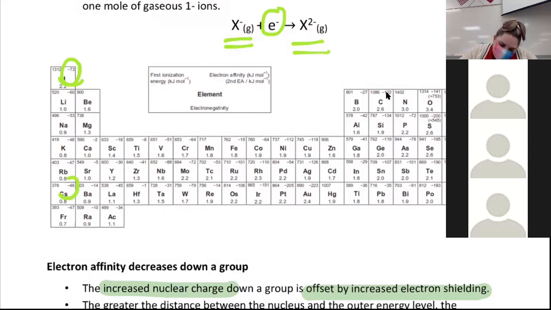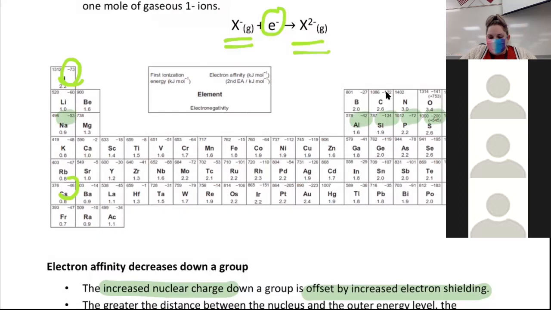If you look at some of the ones going across, for example, sodium is -53. Magnesium doesn't really have one. But then over here we have -42, -134, -72, -200. So this is why we don't really talk about it going across, because it doesn't really follow a great pattern. It does in general increase.